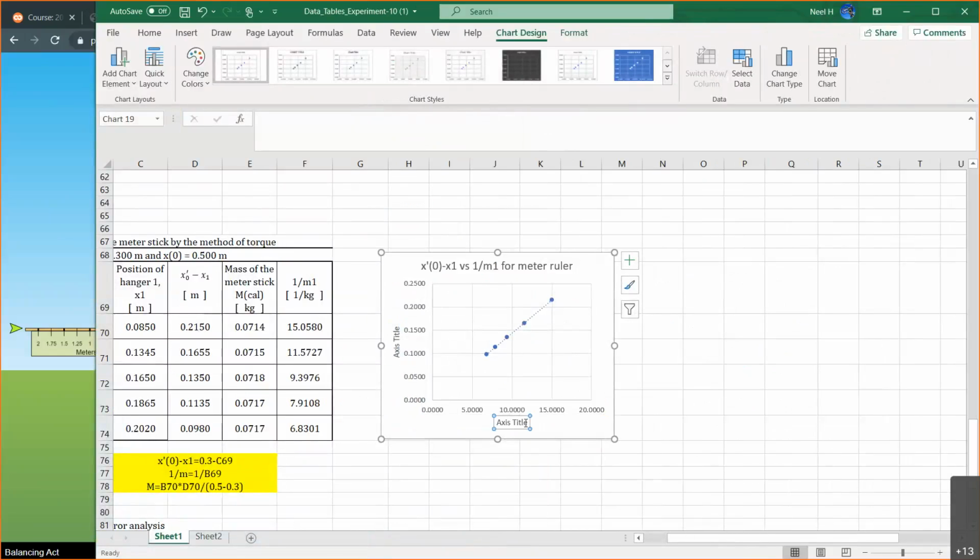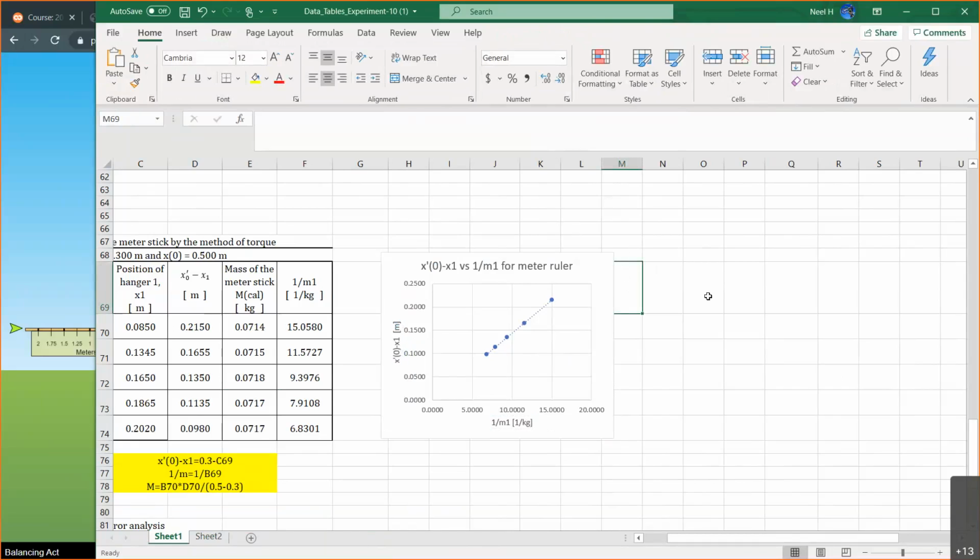So for the axis title, the X axis is going to be 1 over M1, with units of 1 over kilogram. And the Y is going to be x prime 0 minus x1, and the unit should be meters. Right, so we have the graph, and all the formatting is done.